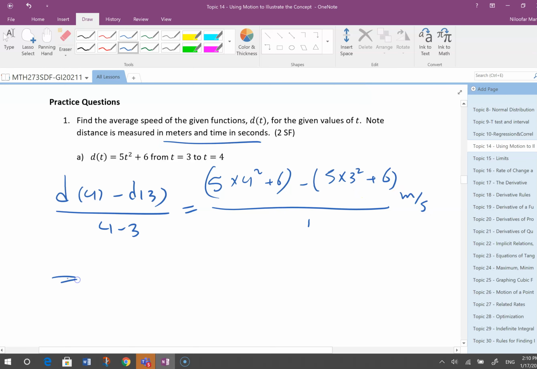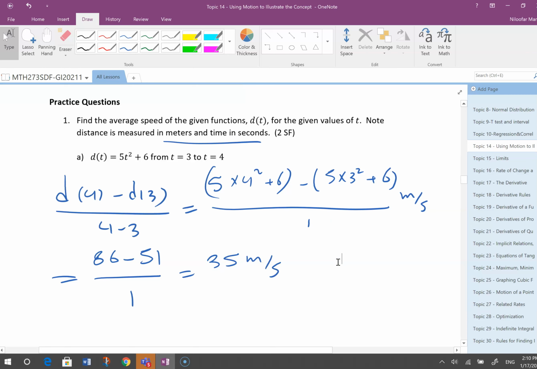The result is 5 multiplied by 16, 80 plus 6, which is 86, minus 51, divided by 1, which is 35 meters per second.